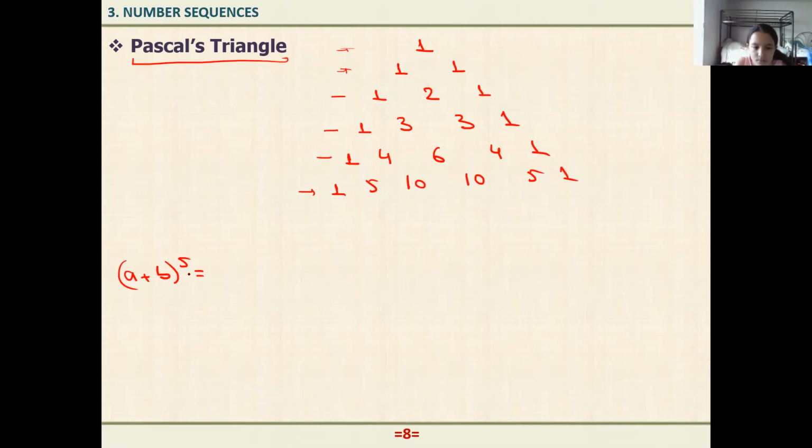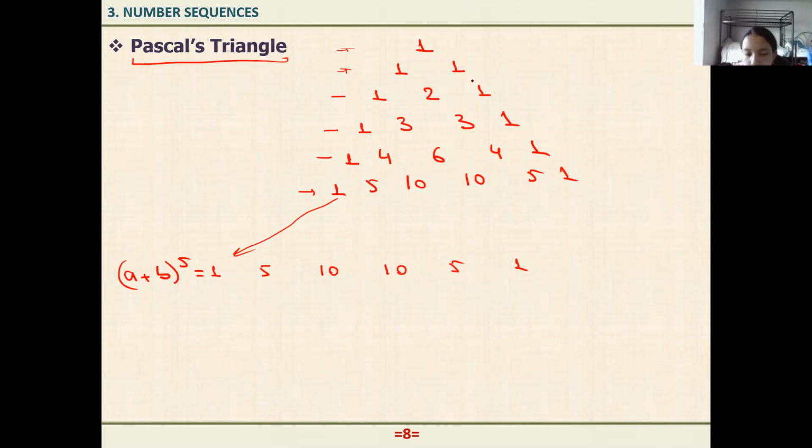If you just expand this, we have terms in a and b, and the coefficients of these terms will be these numbers: 1, 5, 10, 10, 5, 1.